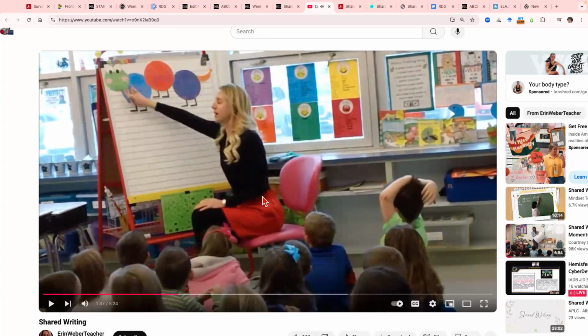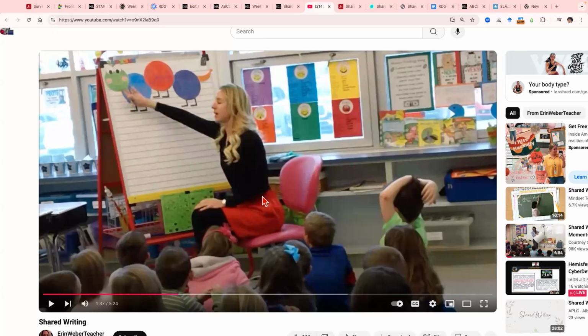So a couple things to look at. One, she just taught them how to write an opening sentence. She's using the children's ideas. She's not telling them what to write. She is guiding them and facilitating the process for the students to do the writing. And she's going to write their particular ideas.